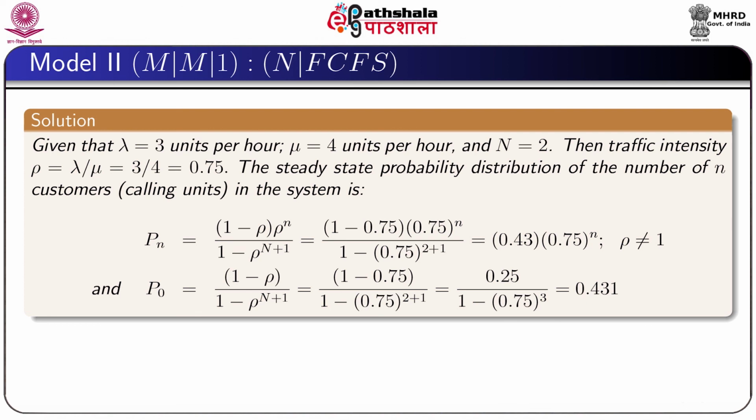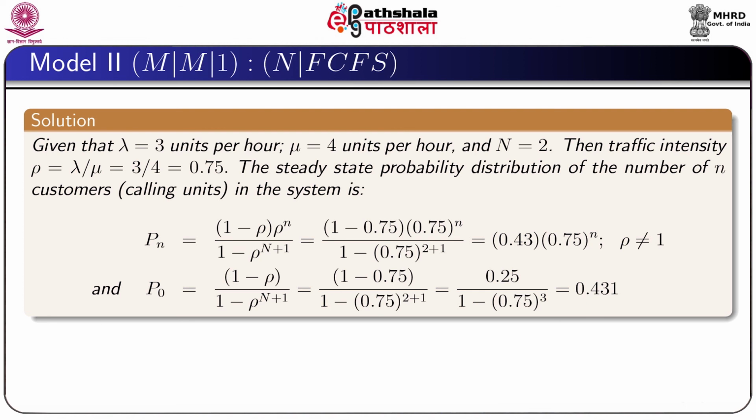The steady state probability distribution of the number of n customers, which are actually the calling units in the system, is P n, which is equal to 1 minus rho into rho to the power n by 1 minus rho whole to the power capital N plus 1.